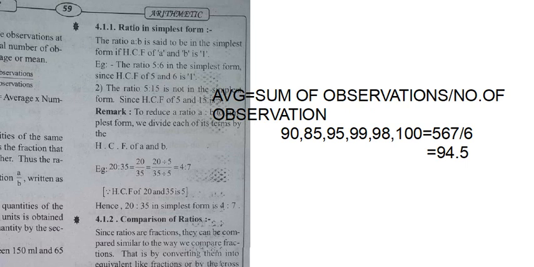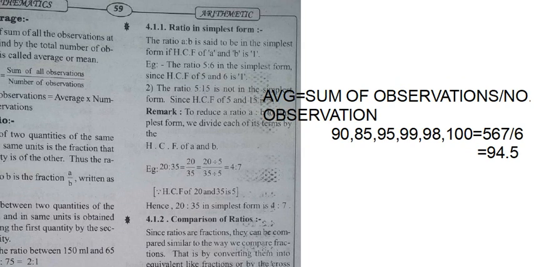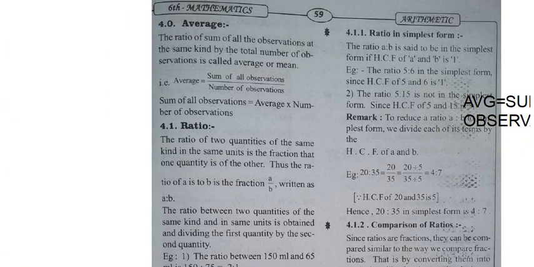Now, I hope you understood the meaning of average. Now see the definition. The ratio of the sum of all the observations of the same kind by the total number of observations is called average, or one more word they use, mean. Mean or average, both are the same. The definition is: average is equal to sum of observations by number of observations.